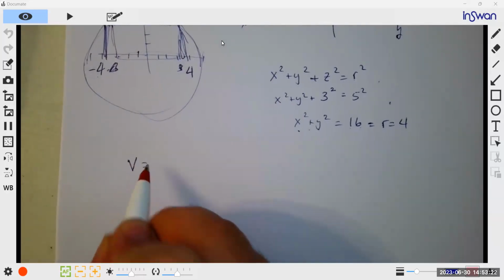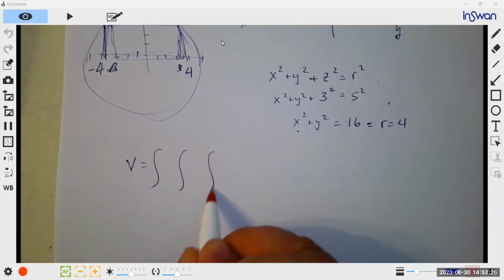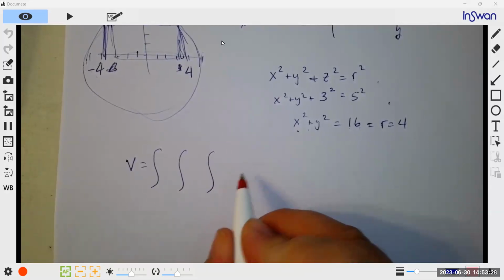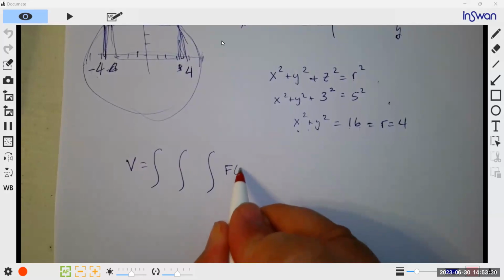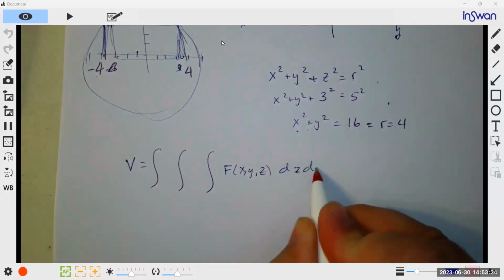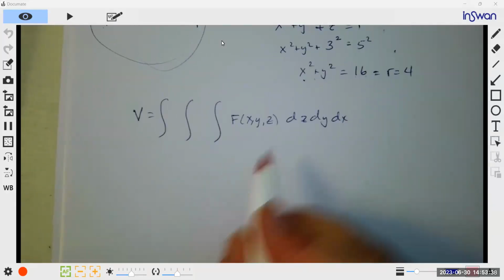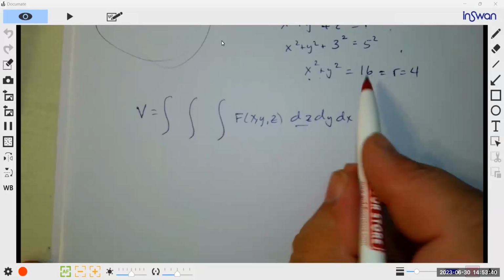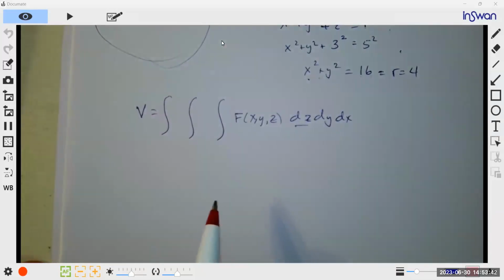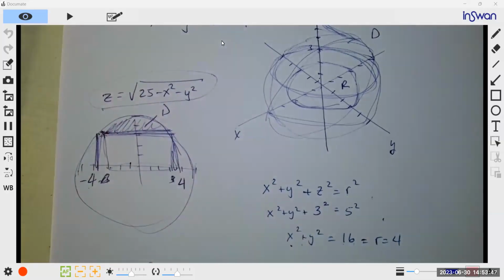So the volume is the triple integral of our function dz, dy, dx. Our z function, which we figured out earlier, is this.